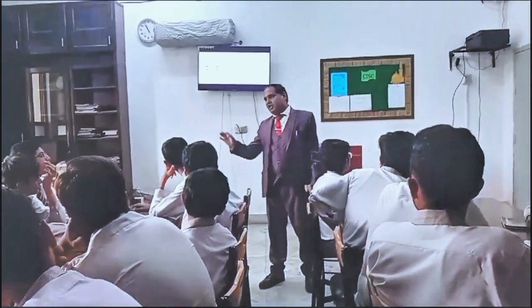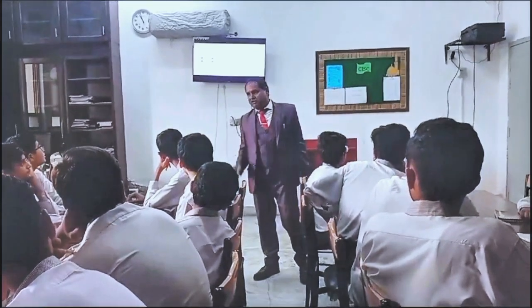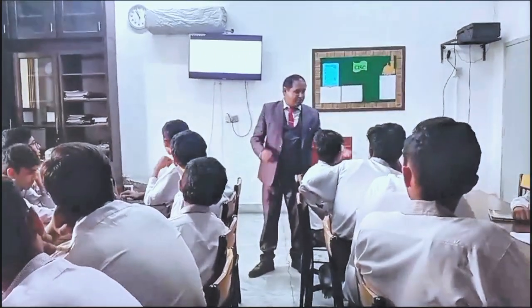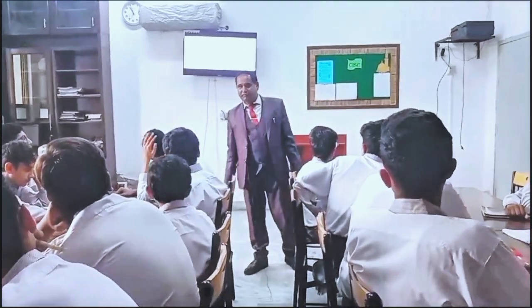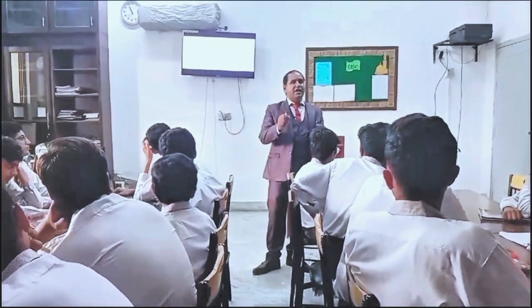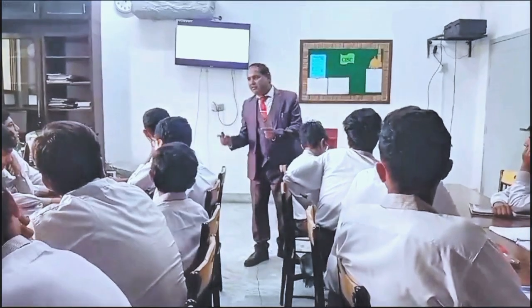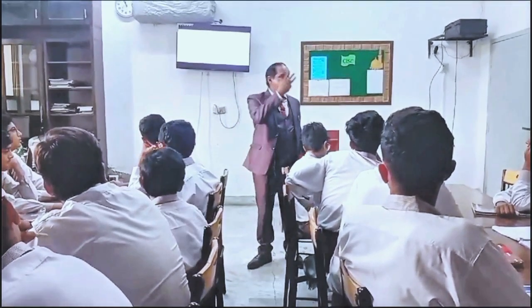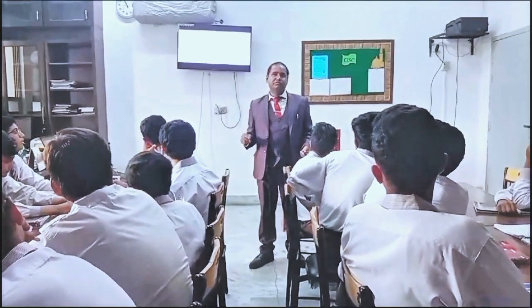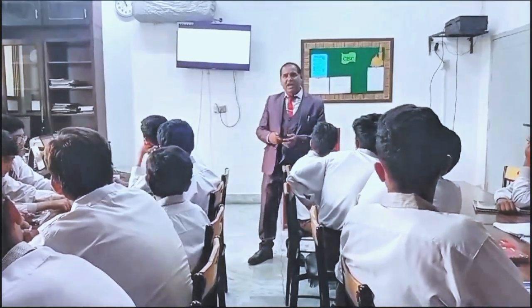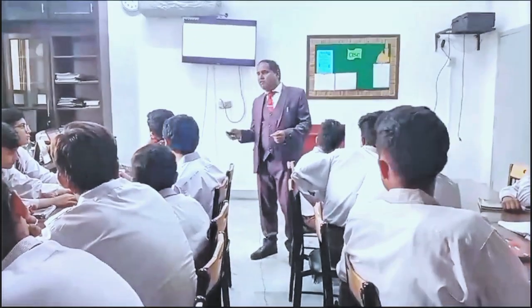For example, the formation of a nitrogen molecule is an example of a triple covalent bond. In case of nitrogen molecule, every nitrogen atom shares three electrons. So these were the types of covalent bond.